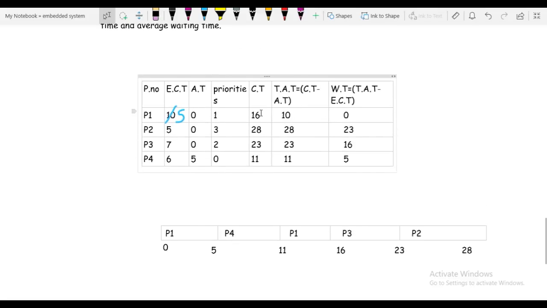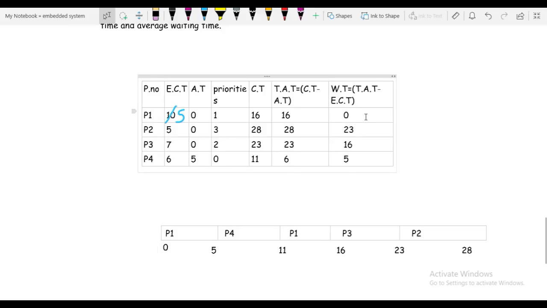TAT will be CT minus AT, that is 16 for P1, 28, 23, and this will be 6 for P4.